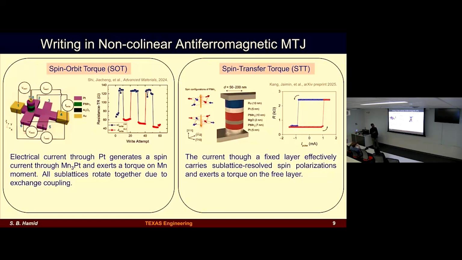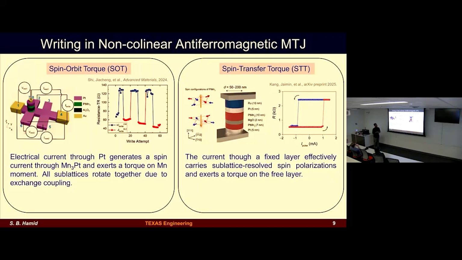And when it does that, those spin polarized electrons exert a torque on one of the sublattices, and since all those sublattices are exchange coupled to each other, if one of them starts rotating, all of them start rotating at once. And it is because of that strong exchange coupling that we get such a fast switching behavior in antiferromagnets. So that's spin orbit torque.